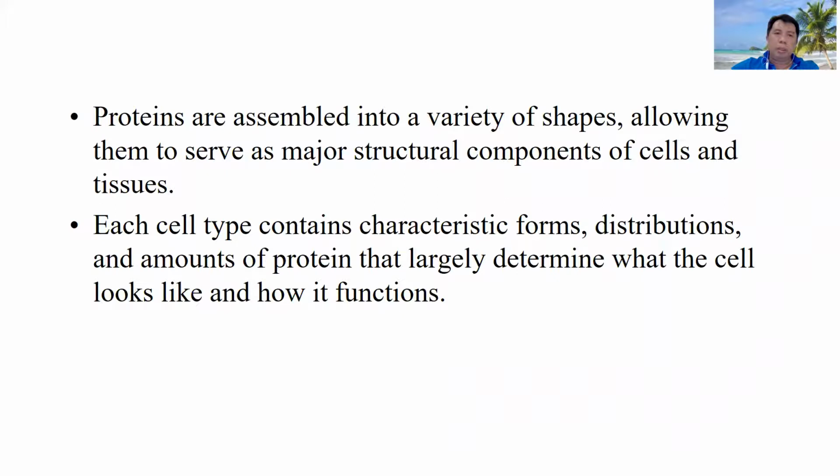And the proteins are assembled into a variety of shapes, allowing them to serve as the major structural components of cells and tissues. Each cell type contains characteristic forms, distributions, and amounts of protein that largely determine what the cells look like and how they function.